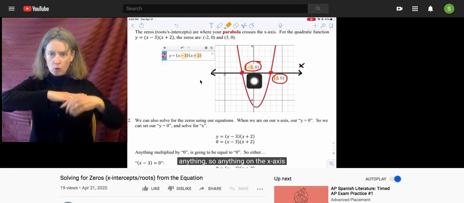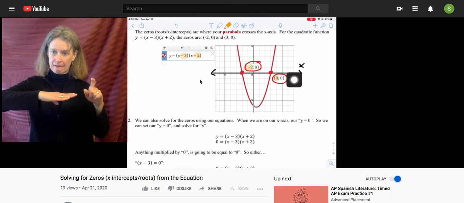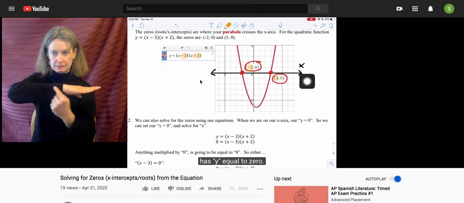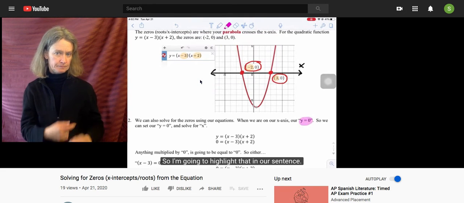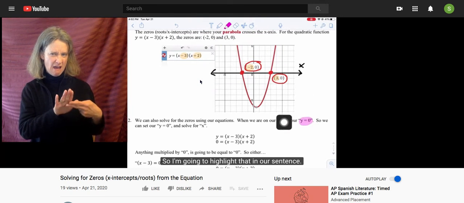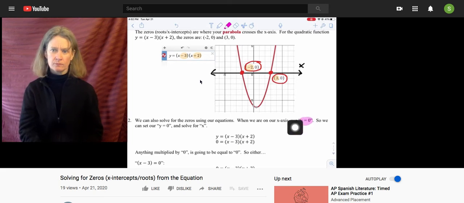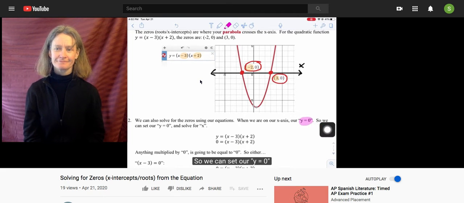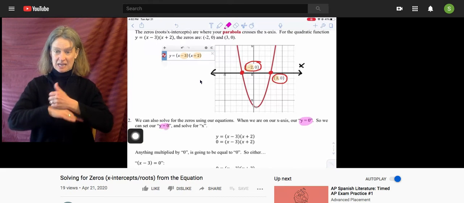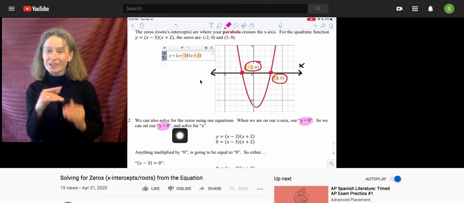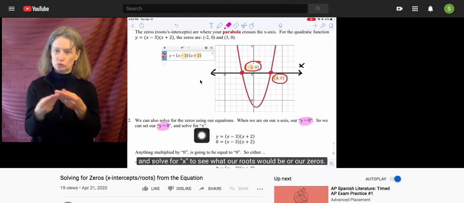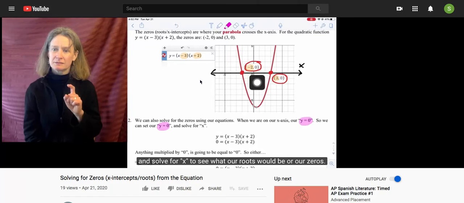So anything on the x-axis has y equal to 0. So I'm going to highlight that in our sentence. So we can set our y equals 0 in our equation and solve for x to see what our roots would be, or our zeros.